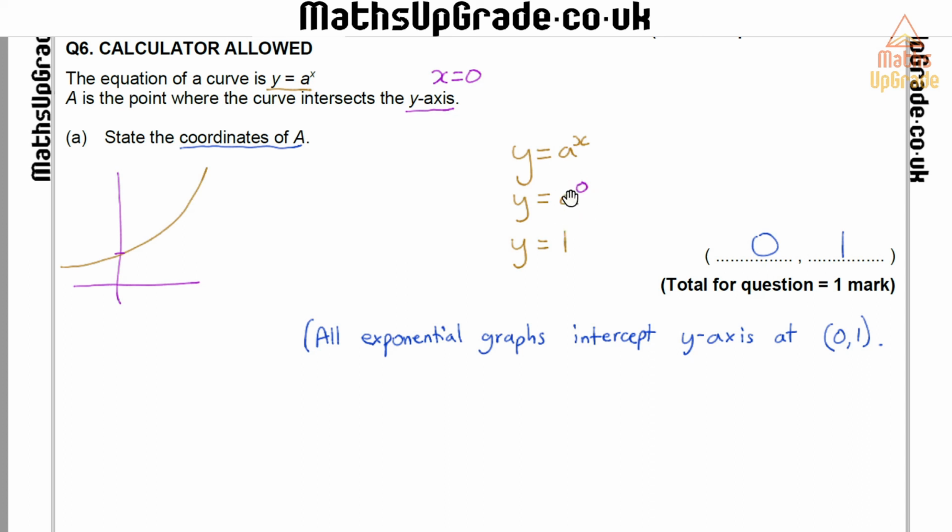Even if it's a negative, it's still going to be 1. So at that point there, x equals 0 and y equals 1. In other words, that's where it intercepts the y-axis. That's true for any exponential graph, like I said in the first question on this booklet. All exponential graphs intercept the y-axis at 0, 1.